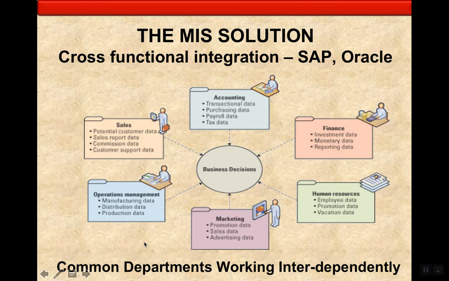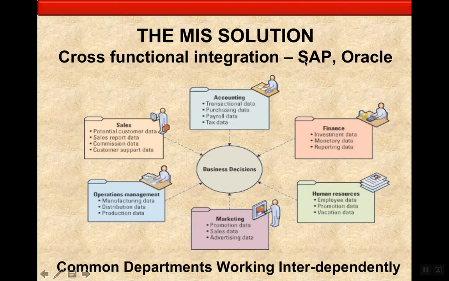Because the reality is that within organizations, there are interdependencies among all of these groups. The fact that they were separate really was a suboptimal solution. So this idea of working interdependently is implemented through software.